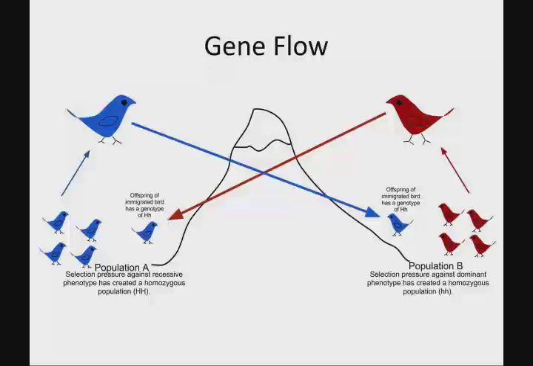But things happen, like, again, not because of any particular genetic behavior or trait, but birds fly a little too far, or there's a storm, or they get lost, or someone captures them and releases them on the other side of the mountain. All of a sudden, they bring with them a new allele, right?